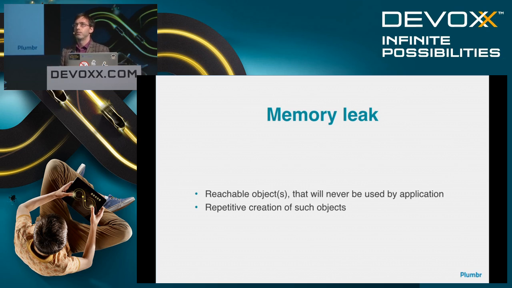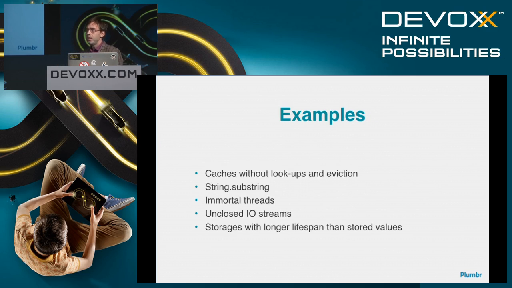You forget about them, and then you have a memory leak. Examples of memory leaks are very simple. If you have a cache, but you forget to use it, you put something into a cache-like structure but you do not look it up, you have a memory leak.